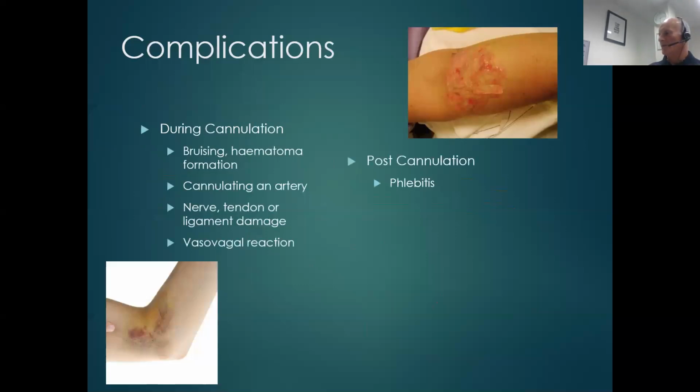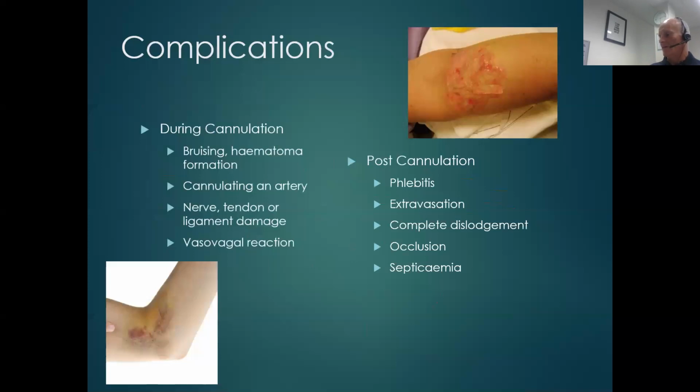Okay, post-cannulation, phlebitis, extravasation, complete dislodgement, occlusion of a vein, and again, this is first do no harm. Let's make sure that we do this correctly. So yes, we may miss a vein. We may inject saline and have an extravasation, but septicemia is just unforgivable.